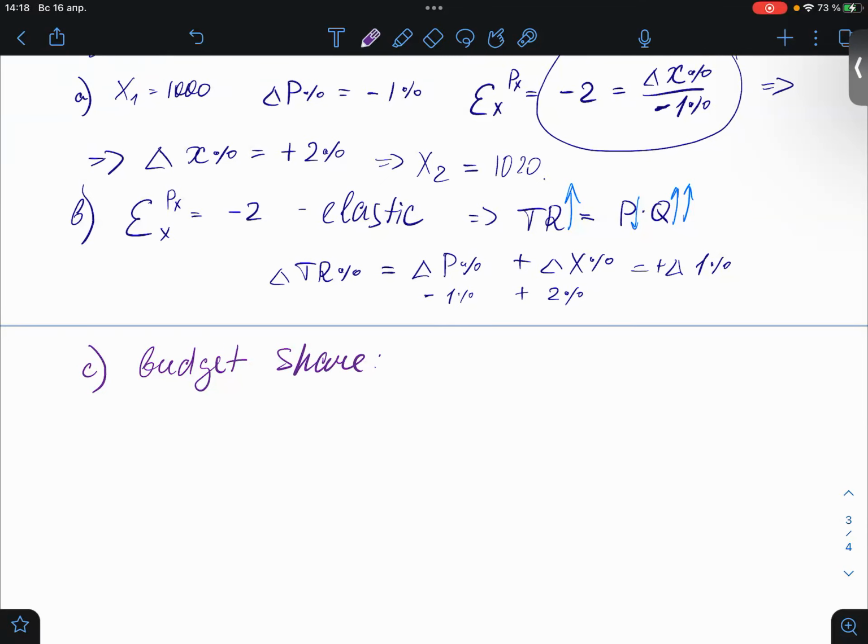Our spendings on good X are the price of good X multiplied by the amount of good X. So these are our spendings on good X. And when we divide by our monetary income, this is the budget share. For example, it can be 1 or 0.5 or 0.2, meaning 20% of our budget we spend on good X.